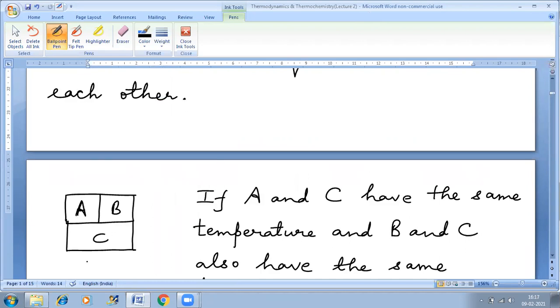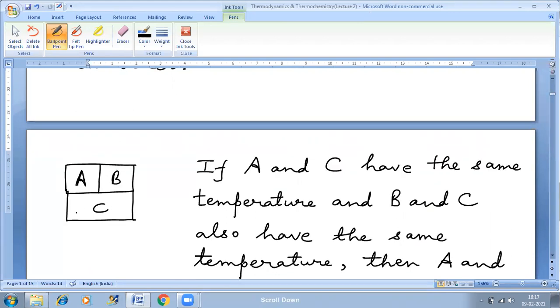So if I have three bodies as shown in this, let's say that A and C have the same temperature and B and C also have the same temperature.